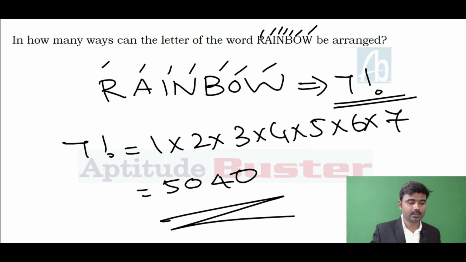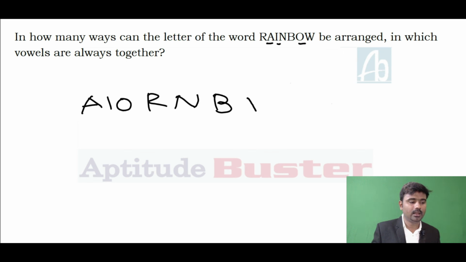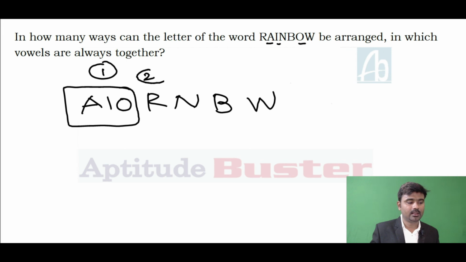The next question: in how many ways can the letters of the word rainbow be arranged in which vowels are always together? How many are vowels? A, I, O. Remaining letters R, N, B and W. Consider the vowels as one unit, then the second letter, third, fourth and fifth.